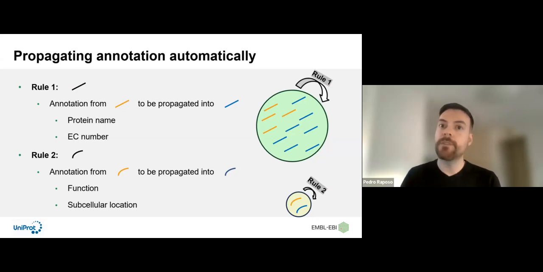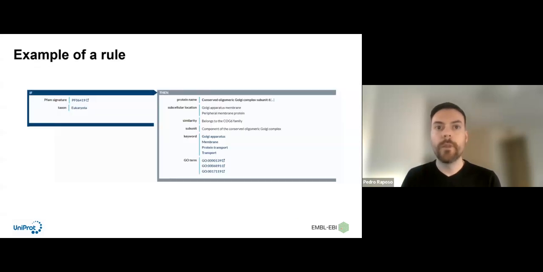Now, the types of annotation really depend on what curated data we have in SwissProt. So in this first example, we are propagating a protein name and an EC number. And on the second group, we are propagating a function comment and a subcellular location.